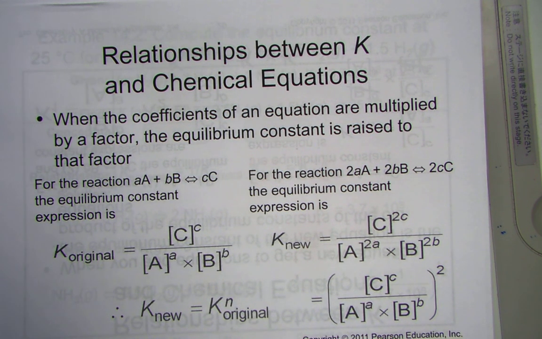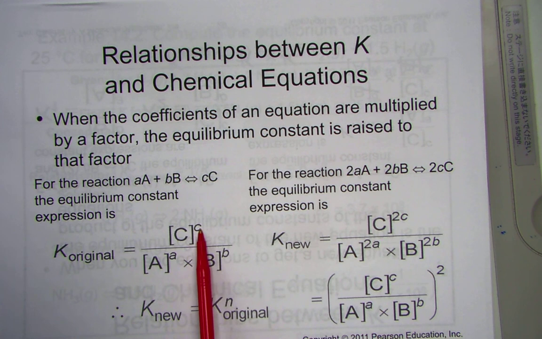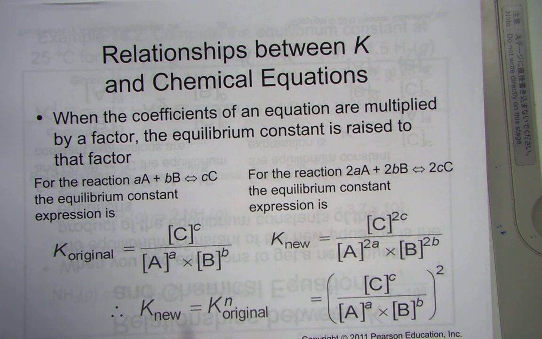Suppose relationships continued here when the coefficients of an equation are multiplied by a factor, as we often do in Hess's law. If we have to double or take a half, what would we do to the equilibrium constant? Well, again, think about if just a generic A plus B goes to C. Notice here how we've got C raised to the coefficient, A raised to the coefficient.